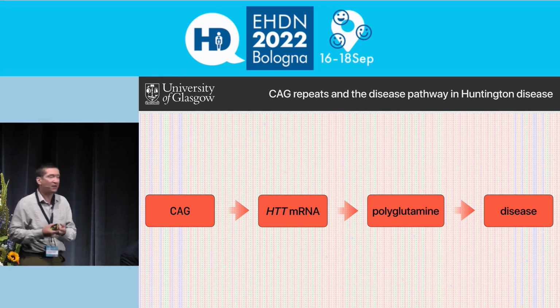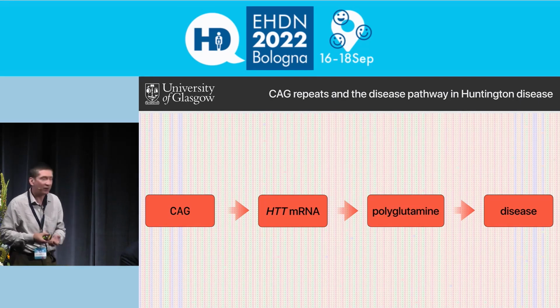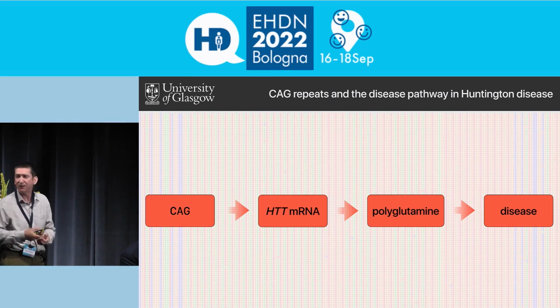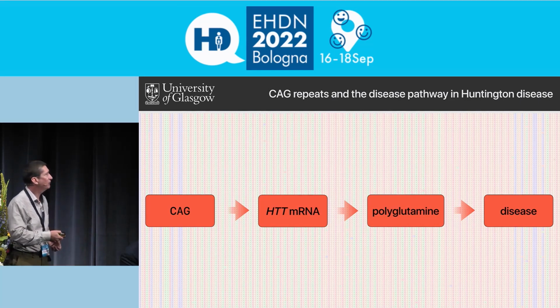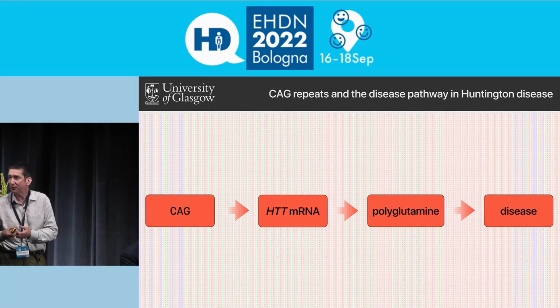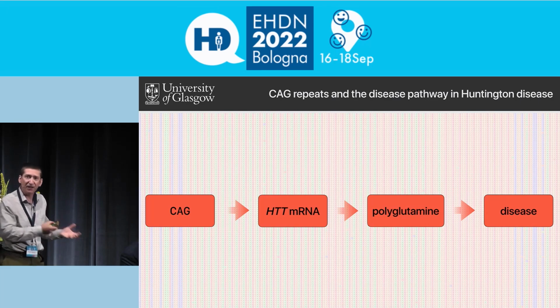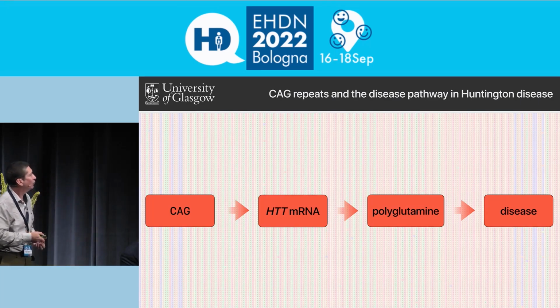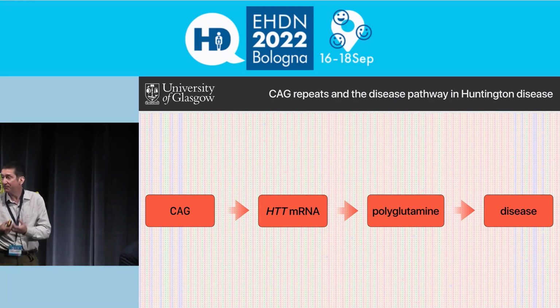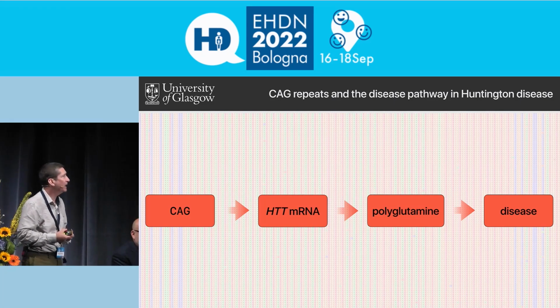Obviously, our understanding of that pathway is now further complicated by the fact that it's not just the inherited CAG, but the rate at which it expands is also another important driver. But still, there's this general assumption that it's the polyglutamine downstream of the CAG repeat in the DNA that is ultimately killing the cells. Although, as Jill alluded to, maybe there is potentially also a role for the mRNA.